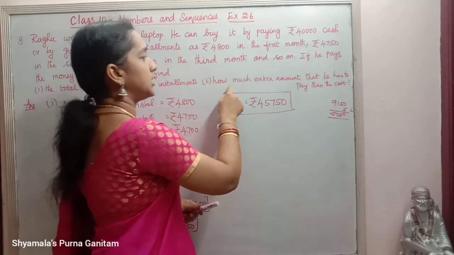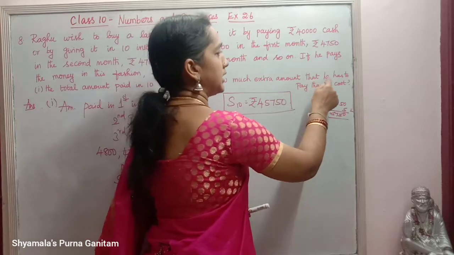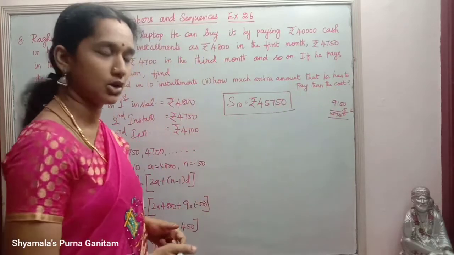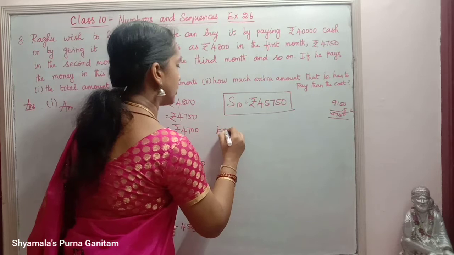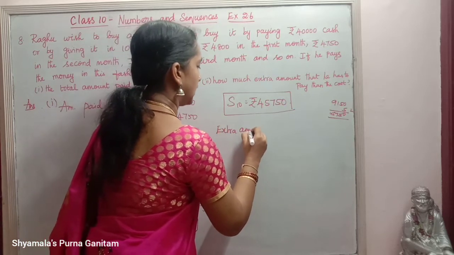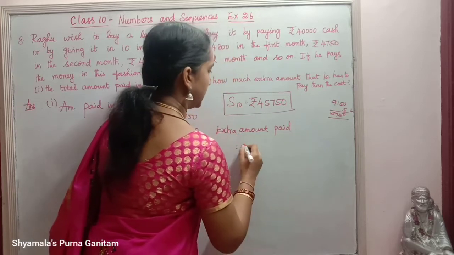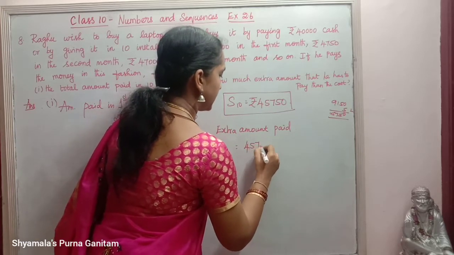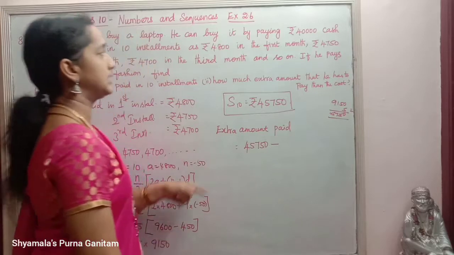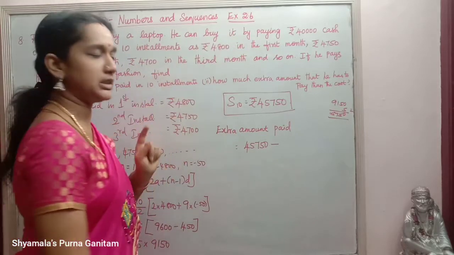Then the second one is how much extra amount he has to pay than the cost. So extra amount paid is equal to 45,750 minus the actual cost of the laptop, which is 40,000.